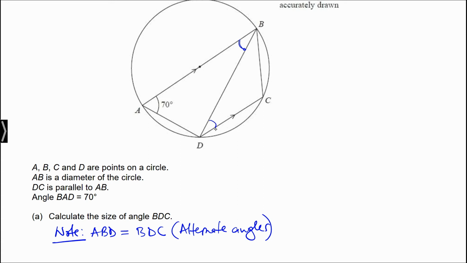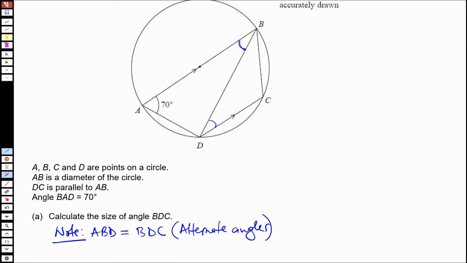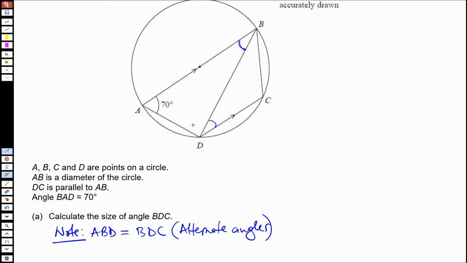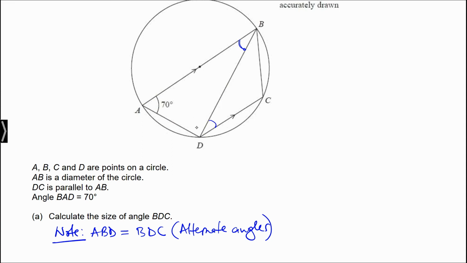So the next step is to consider this triangle here. Now if this is the diameter, it implies that this angle here will be equal to 90 degrees.